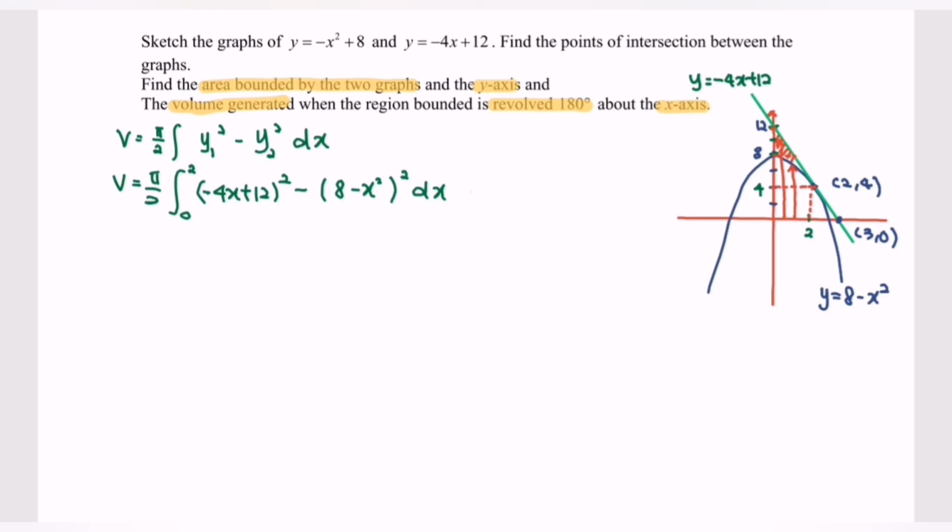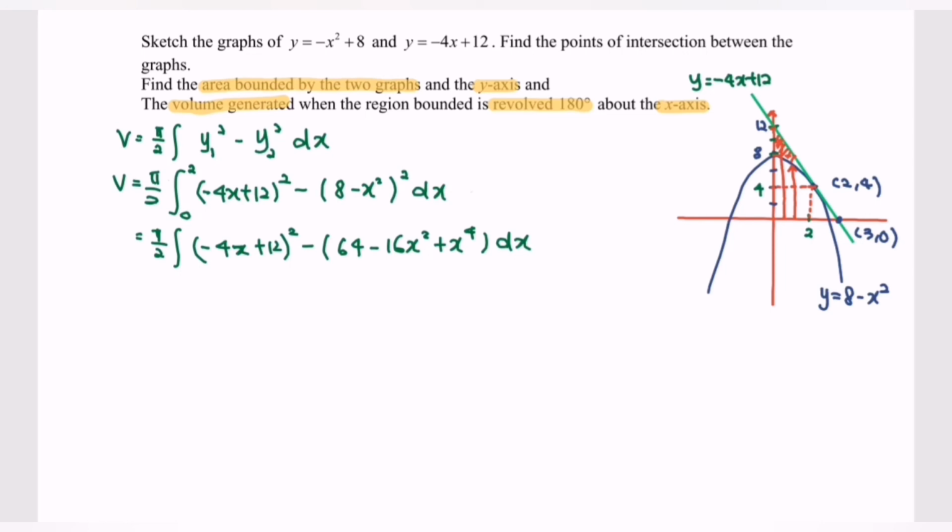So kindly expand the equation. So where we will have pi over 2 integrate (negative 4x plus 12) squared minus (64 minus 16x squared plus x to the power 4) with respect to x.